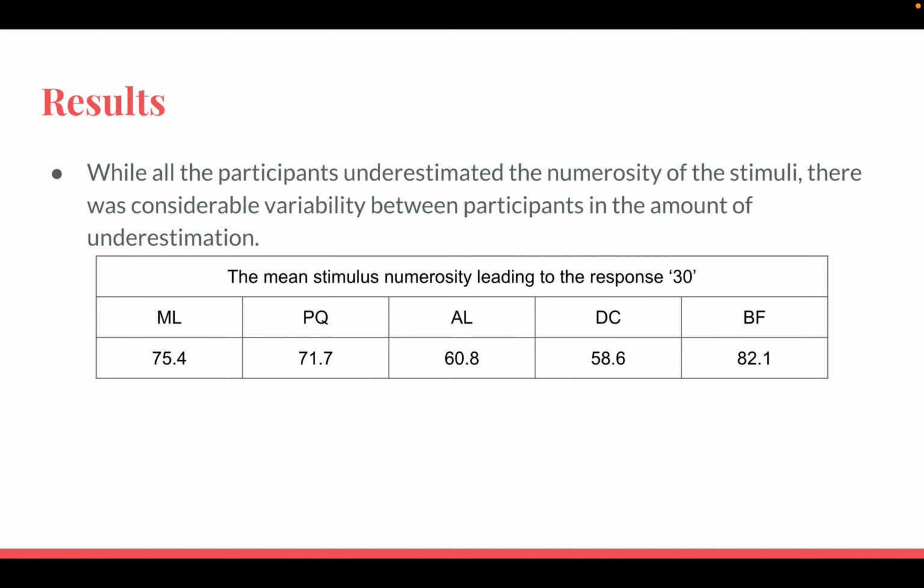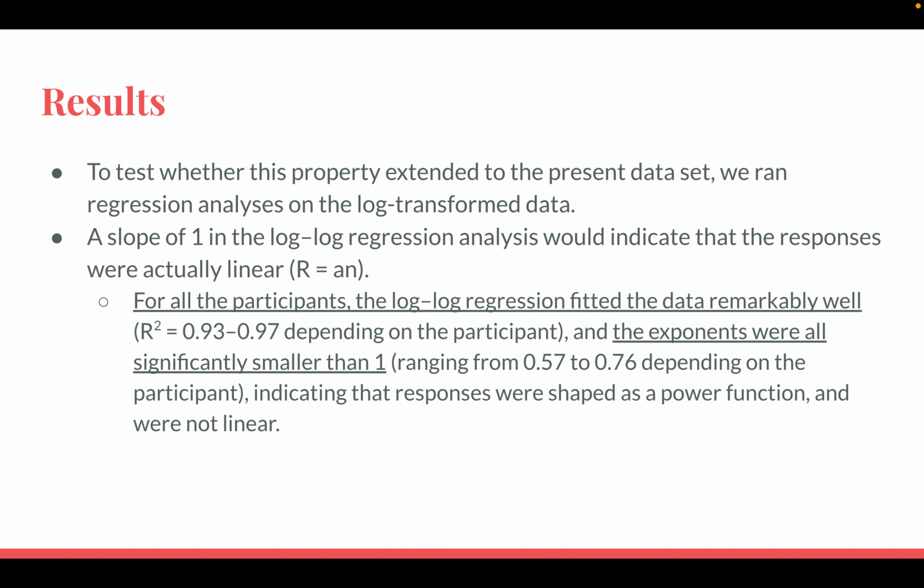From the table of the mean stimulus numerosity leading to the response 30, we can see a considerable variability between participants in the amount of underestimation. In magnitude estimation experiments, the shape of the response functions is generally a power function. To test whether this property holds for the present dataset, they ran a regression analysis on the log transformed data.